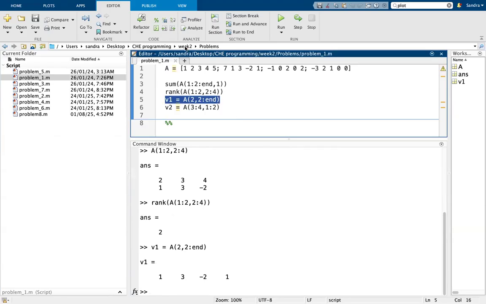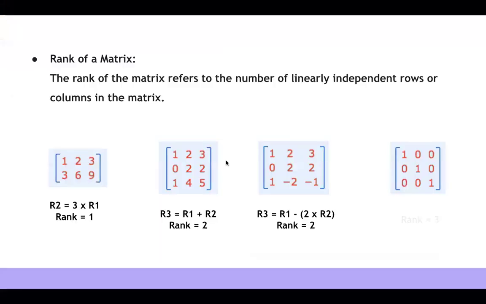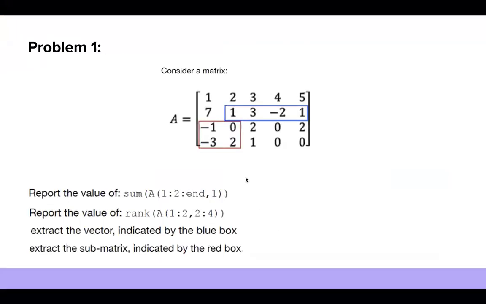Okay, one minute. What was the question actually? Let me just go back. Sorry. Yeah, the question is you have to extract this one. So this is the second row, and the columns are 2, 3, 4, 5. So whatever you have given, 2 to end, yeah, that is right. Whatever you have answered is right.